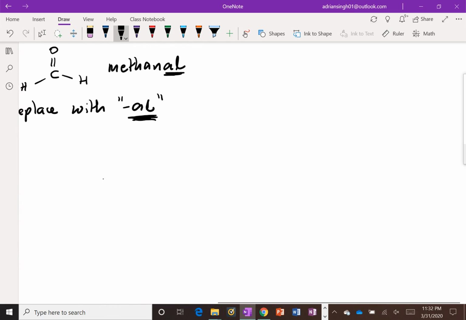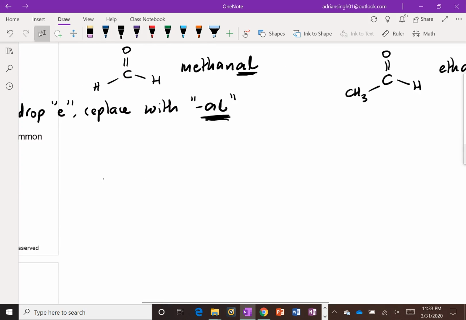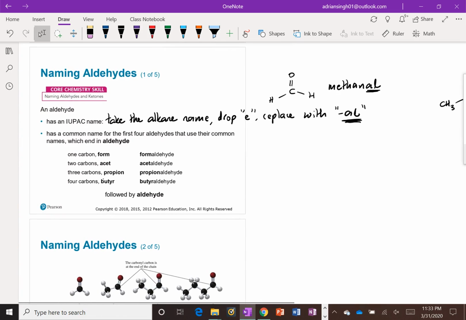Similarly, a 2-carbon aldehyde. Okay, so there's my aldehyde group. Now it's attached to another carbon. Well, we start with the corresponding alkane. A 2-carbon alkane would be ethane. For a 2-carbon aldehyde, we drop the E, replace it with AL, ethanal. All right, so that's the systematic way for naming our aldehydes.